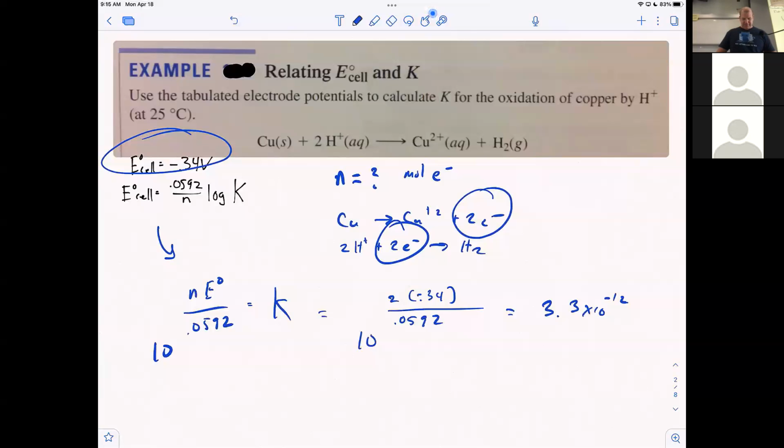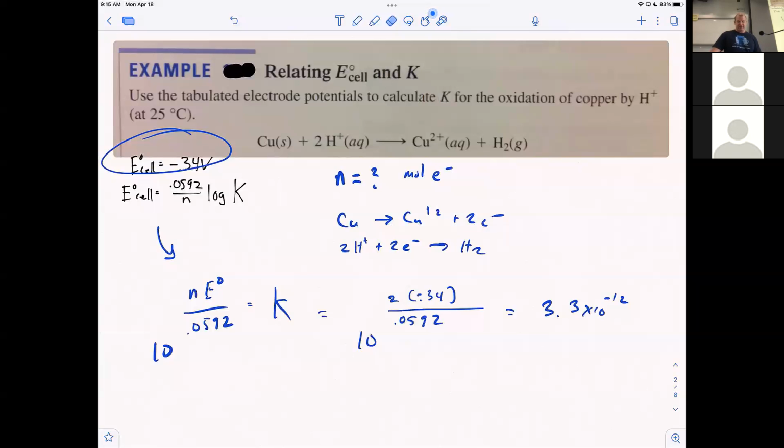All right, so we have this reaction here. Copper plus 2 hydrogen ions makes copper 2+ ions and hydrogen gas. So we go and we look up the standard cell potentials, and calculate the standard cell potential to be minus 0.34 volts. And then looking at the half reactions, 2 moles of electrons are being transferred.